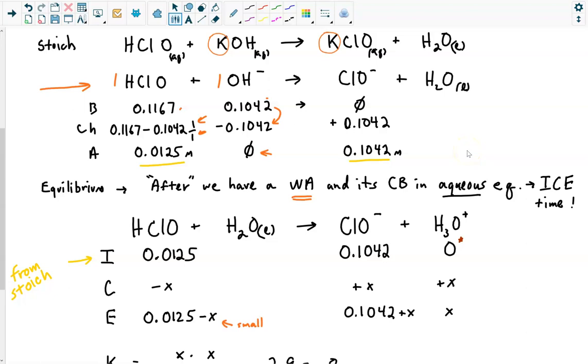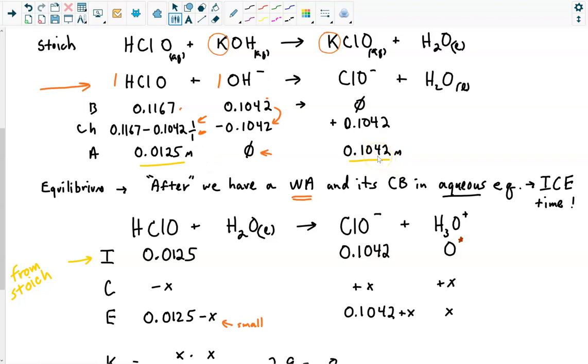Because of its conjugate, okay? And so what you write is, well, this HClO is dissolved in water, right? And so it is going to then act like an acid, right? And so because there's no more KOH left, you still have some HClO dissolved in water, okay? But you also have some ClO minus.